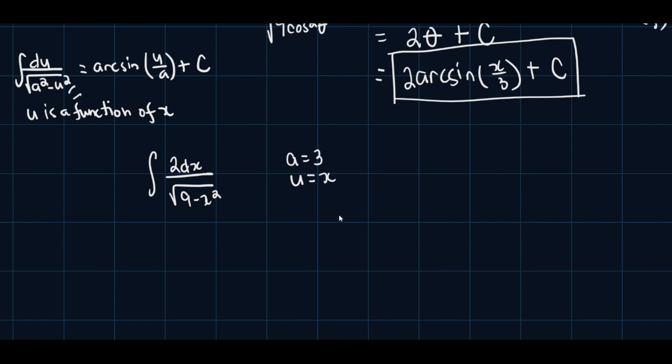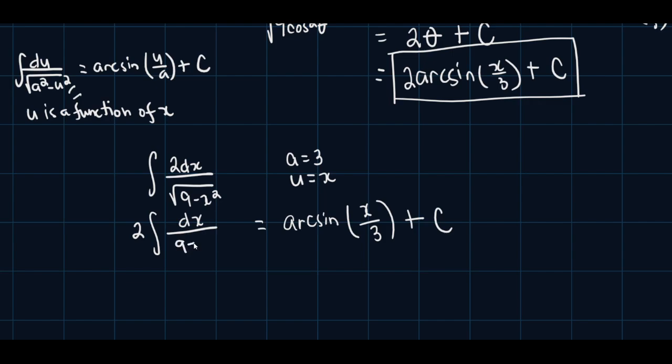So pwedeng diretso na lang tayo sa substitution dun sa ating formula. Arcsine u over a plus c. Then of course, since may 2 tayo dito, we can write this as 2 times the integral of dx all over 9 minus x squared. So may multiplier lang tayo na 2 dito.